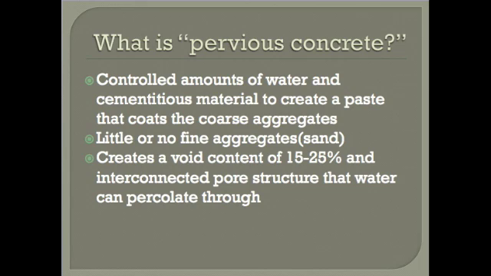Now, pervious concrete has little or no fines, which in our case is usually sand, and the lack of fines creates a void content of upwards of 15 to 25%. This creates an interconnected pore structure that water can percolate from the top all the way through to the bottom.